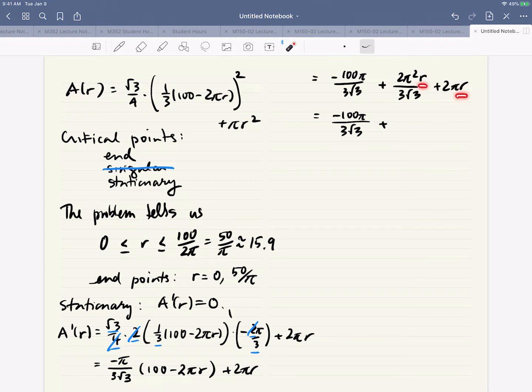So here I see I've got my terms with my r in it. I'm going to factor the r out of those. And that's what I sought to do.